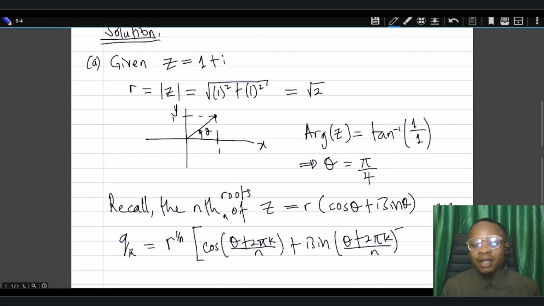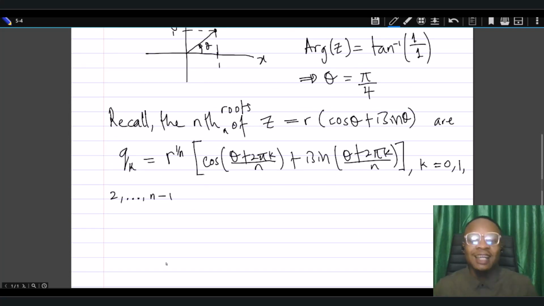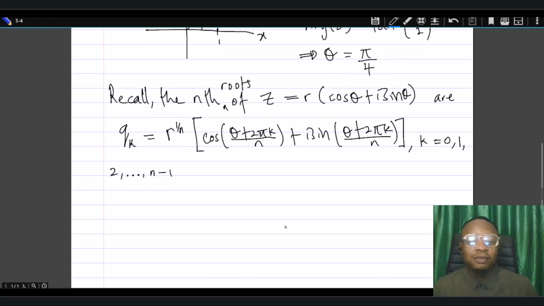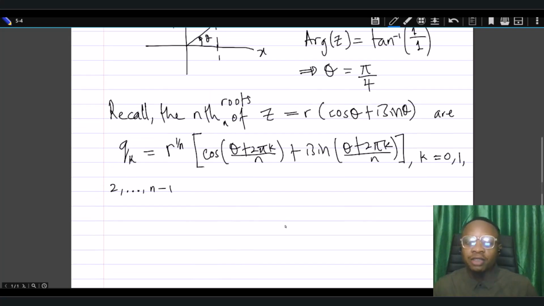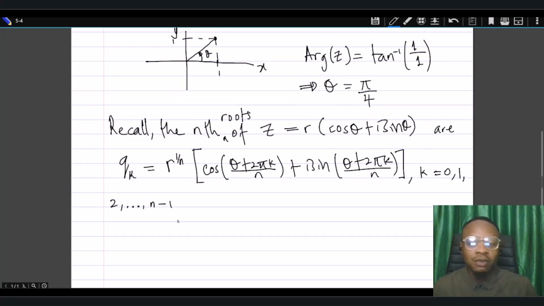In this case, k will be varied: k equal to 0, 1, 2, and so on and so forth, up to n minus 1. So this was the result we obtained in the previous lesson. With this we are good to go. We just have to identify what our r is.